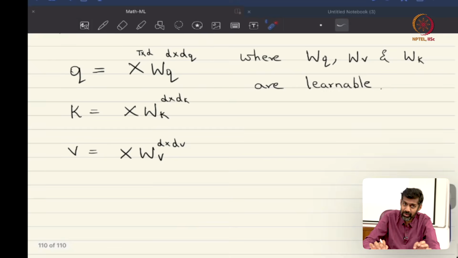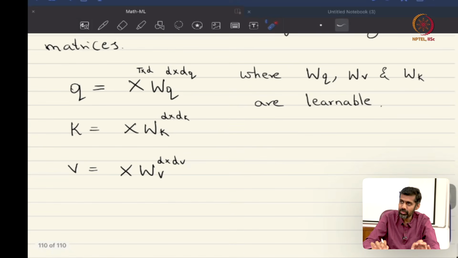Now, why are we doing this? We are doing this to get to the point where we learn a projection where the interactions are captured. Is that all right? Okay.